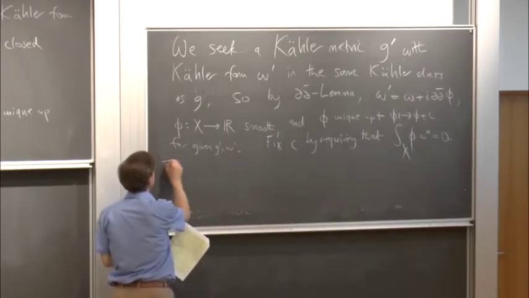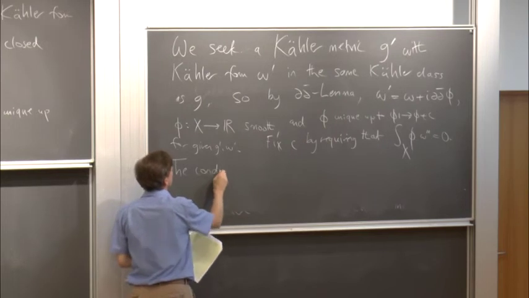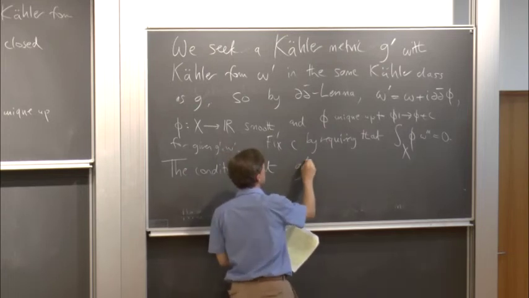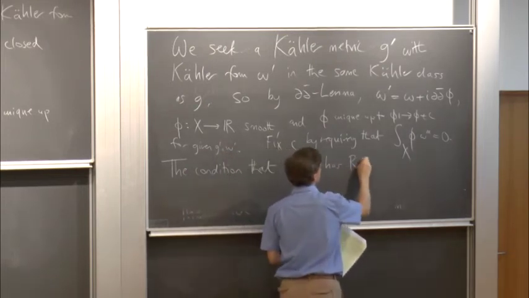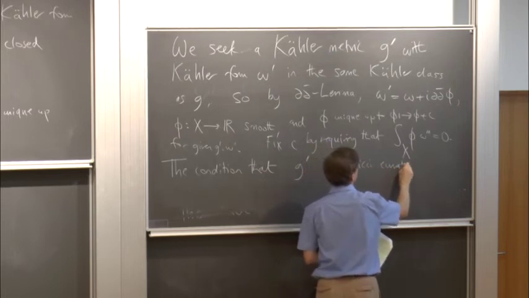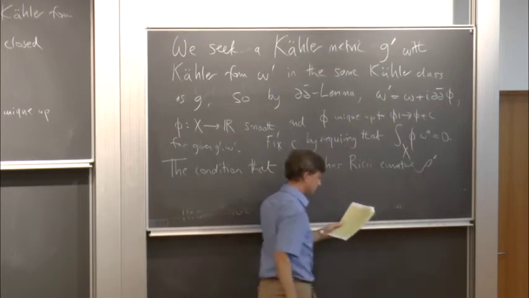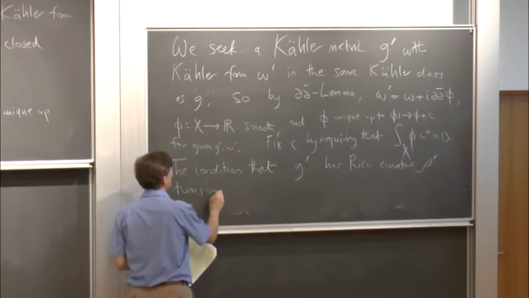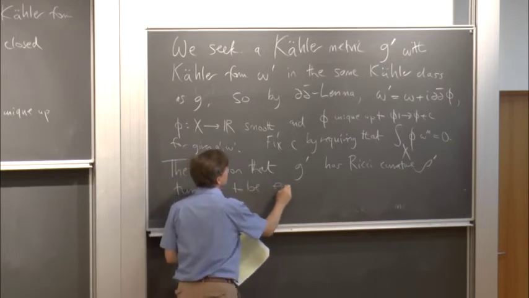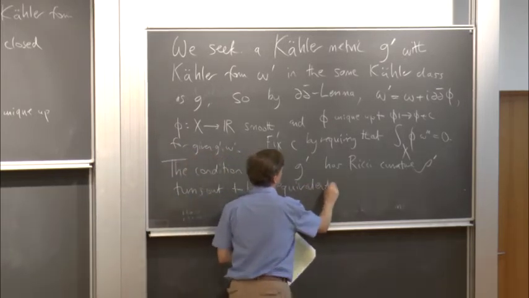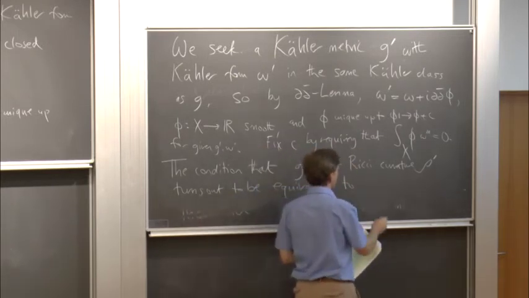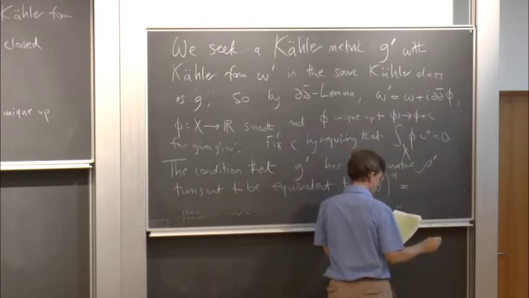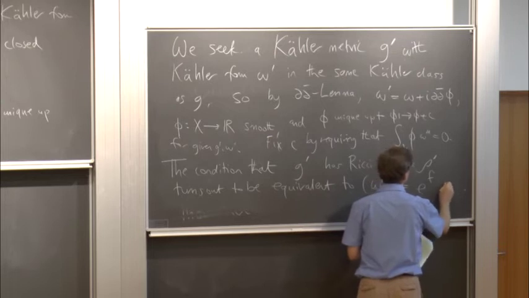So the condition that g prime has a Ricci curvature rho prime turns out to be equivalent to omega prime to the m is equal to e to the f times omega to the m.